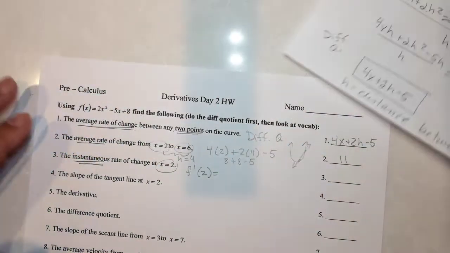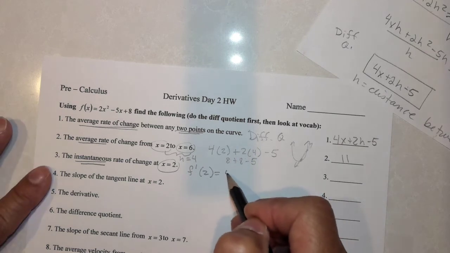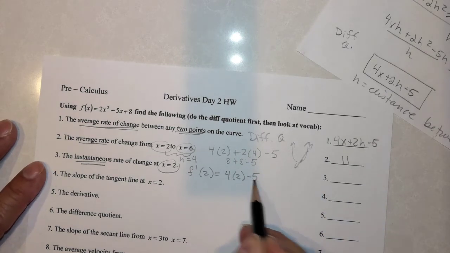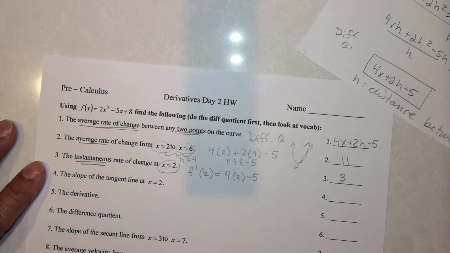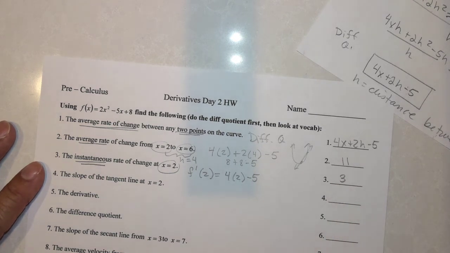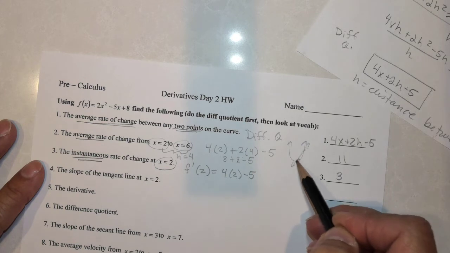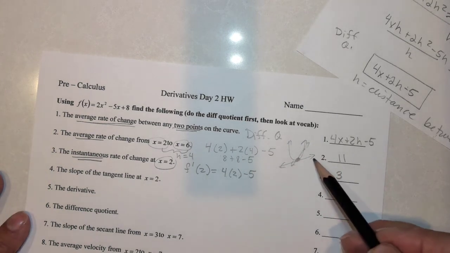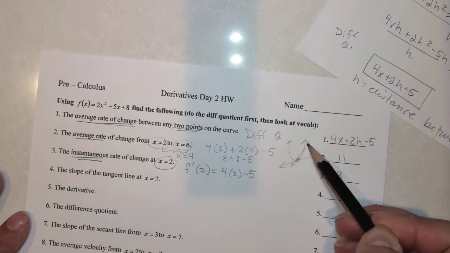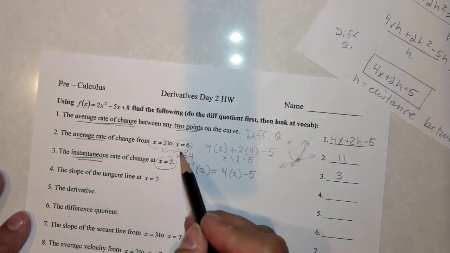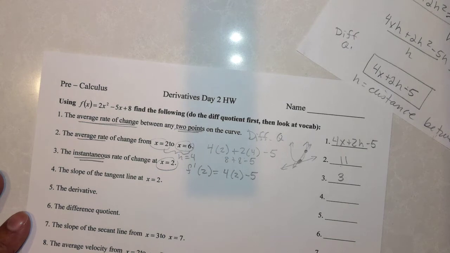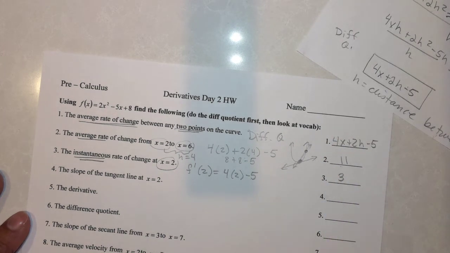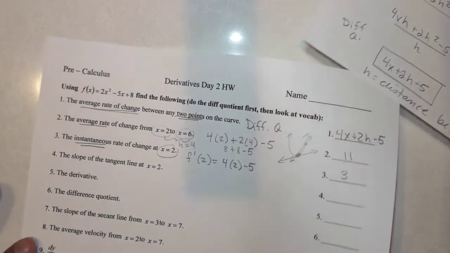So 4x minus 5 is my derivative, and I'm plugging in a 2. So that's 8 minus 5, which is a 3. Okay, so that's saying if I had a line that was just tangent right here, what would the slope of that be? And that would be 3 instead of this one, which was 11, because this one had to also go through this second point. So that ended up being much steeper than the one that just grazes past at x equals 2.